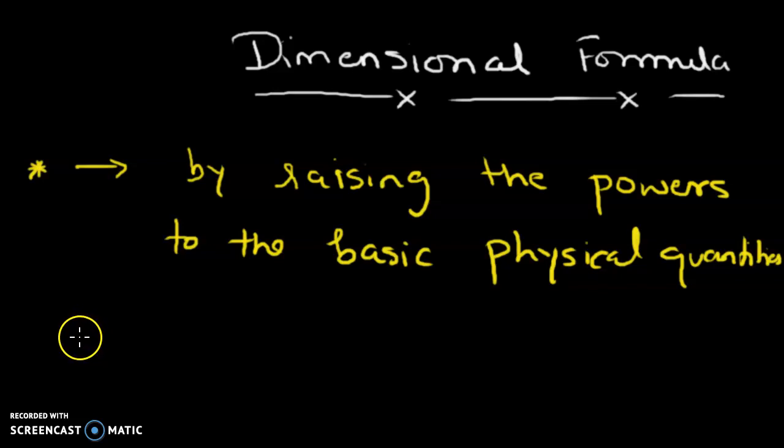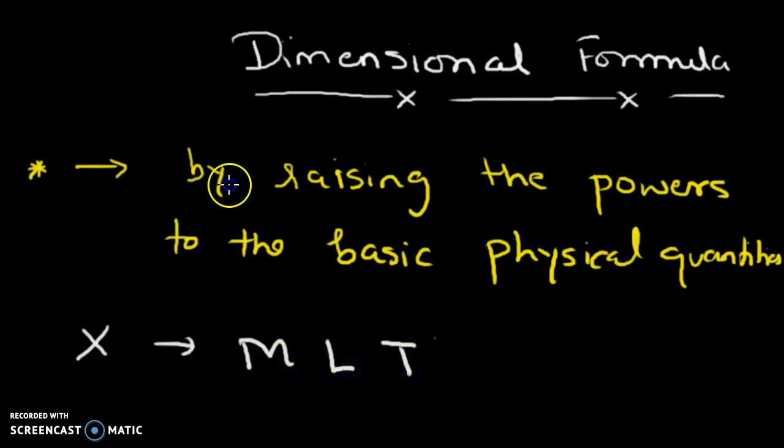So we represent any xyz physical quantity in terms of these basic physical quantities, m, l, t, or temperature, with exponents a, b, c. Current is represented with capital A. So this is the way of representing a physical quantity dimensionally. And the dimensional formula of every physical quantity is different.